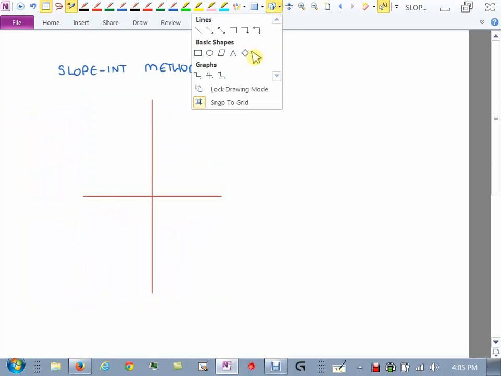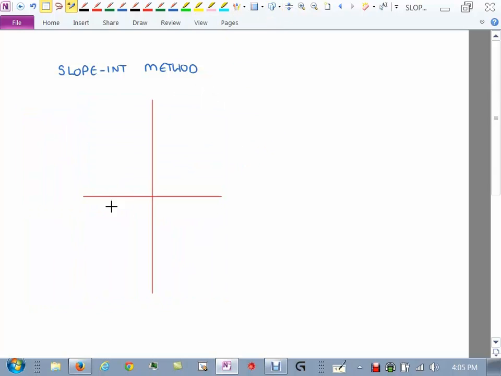We still have a line. I'm going to draw my line a different way this time. We still have x and y intercepts here. We do have intercepts, but all we do for this method is we start with the y-intercept, and from the y-intercept, we somehow determine how much we have to go up and how much we have to go over to get to another point on that line.